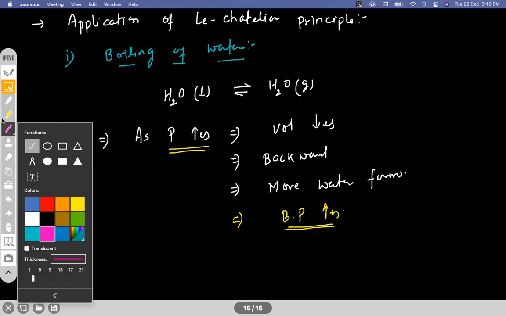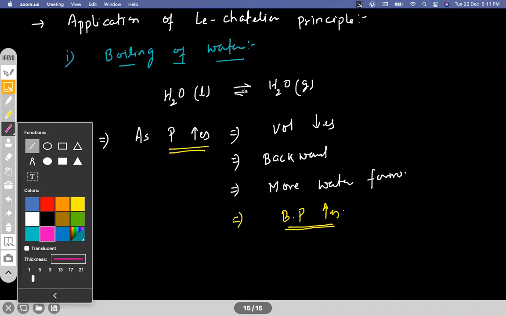Last point, you see, what is the condition now? You have a liquid and vapor mixture at equilibrium, and you increase pressure, more water starts forming. So if this is going in the backward direction, then the liquid to gas conversion becomes difficult. Temperature, though, you are not changing. Temperature is the same only. But liquid is not converting into gas. That means the boiling has become difficult. And boiling has become difficult means what?